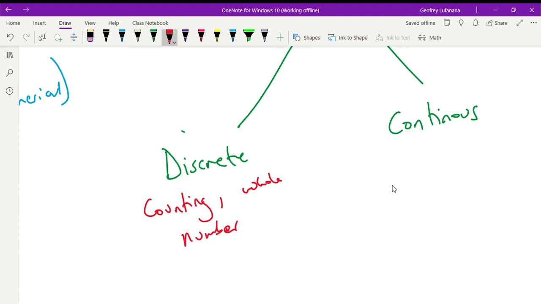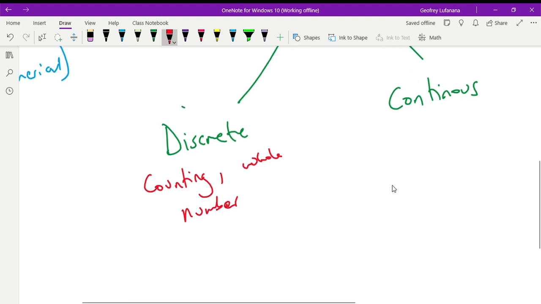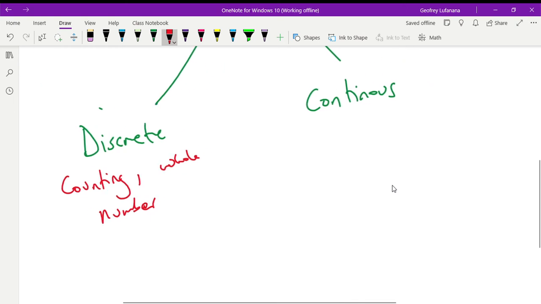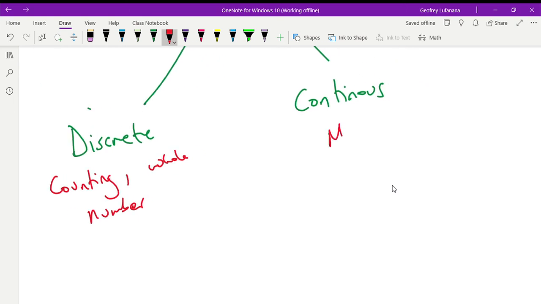For example, if your research was about the number of phone calls that each teacher receives in a day, you're going to end up with data like 5 phone calls, 7 phone calls, something of the sort. As long as you're counting, you will have whole number data. And continuous, on the other hand, results from measuring the attribute.